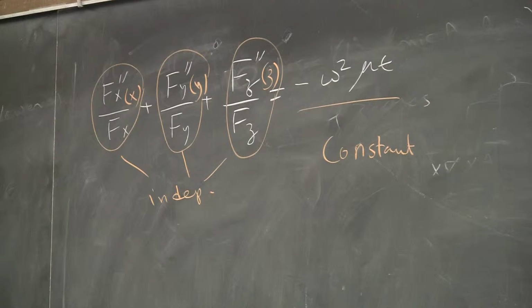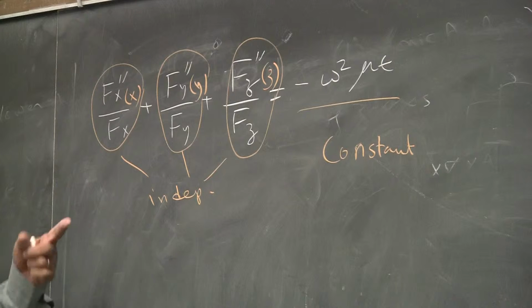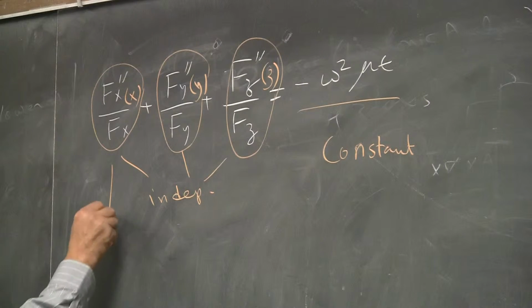Unless these individuals are going to shout constant numbers that I know, and they are going to be always shouting the same number. But if you pick any number you want independently, obviously there is no way this can happen unless each of those is a constant itself.